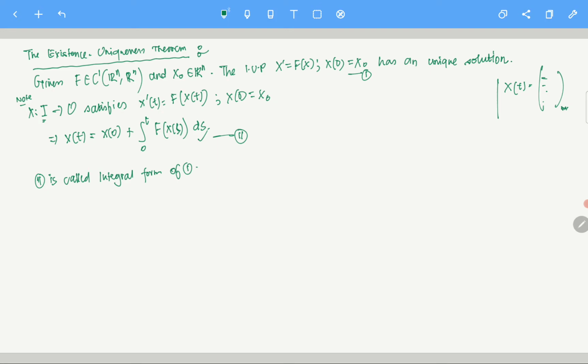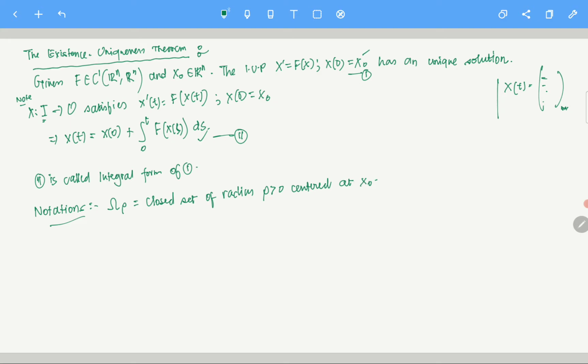Before we move on with the proof, let me write down some notations. First, omega rho will be defined as a closed set of radius rho greater than 0, centered at this point x naught.